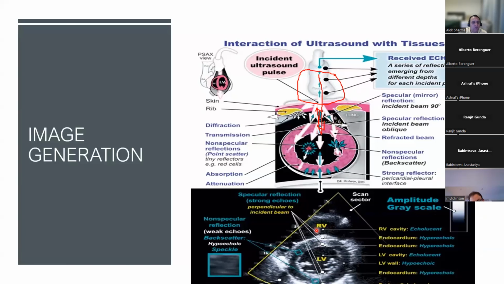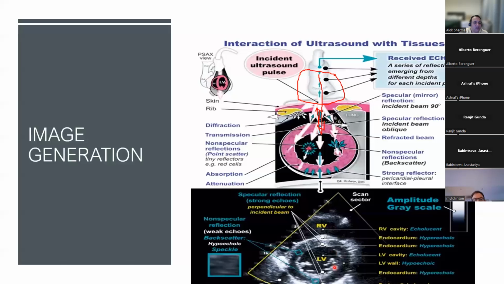Now, for the waves that are incident perpendicular, the reflective qualities are good and you see bright areas. But waves that are traveling at an angle that's not perpendicular tend to interact with the tissues. They refract, as you can see over here. They reflect in a slightly different direction rather than at 90 degrees.